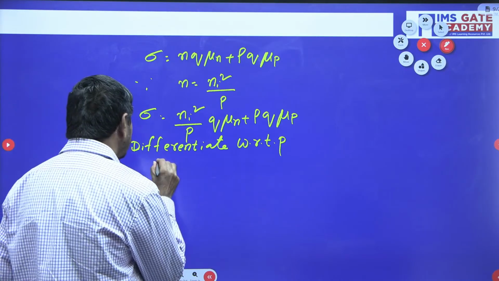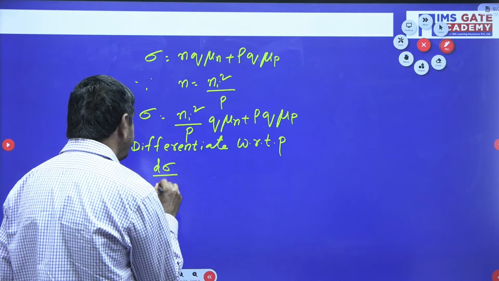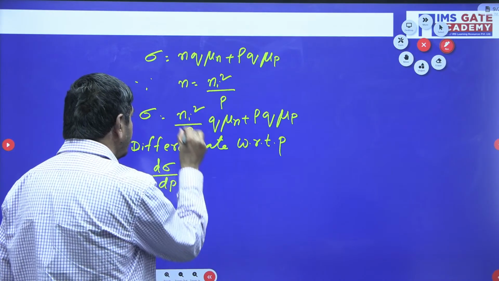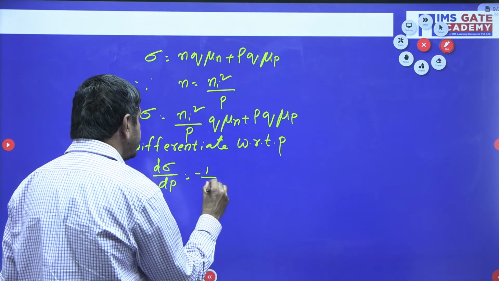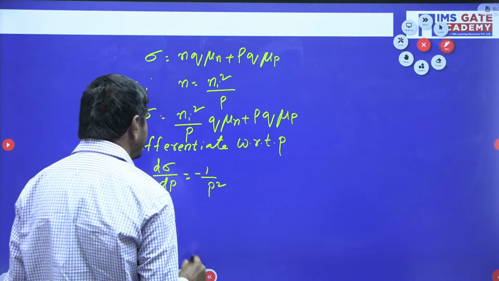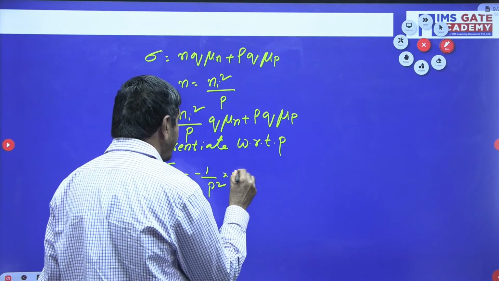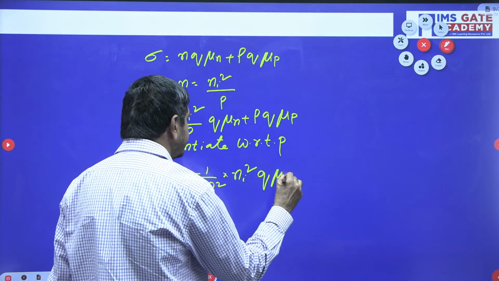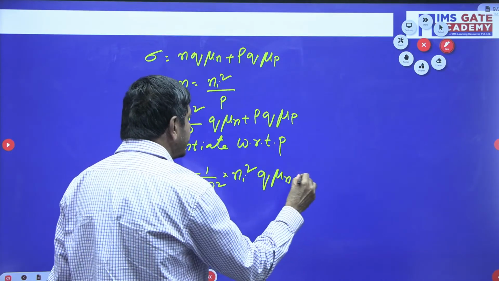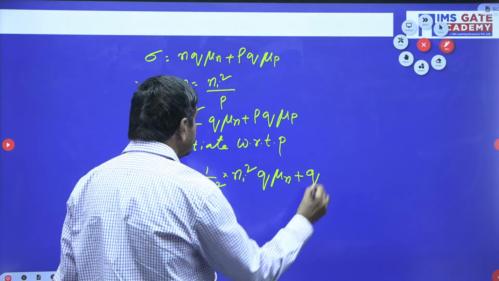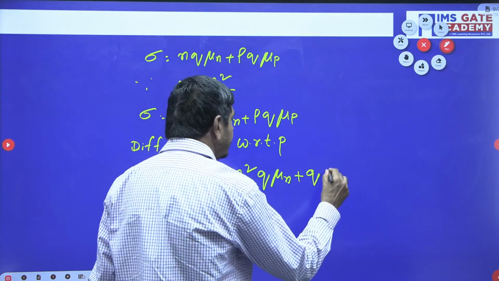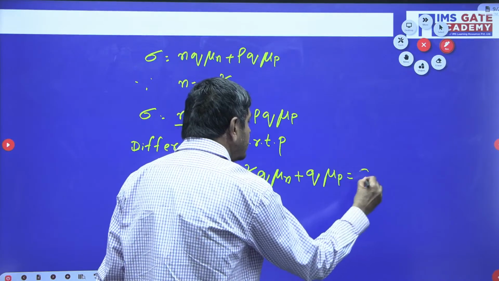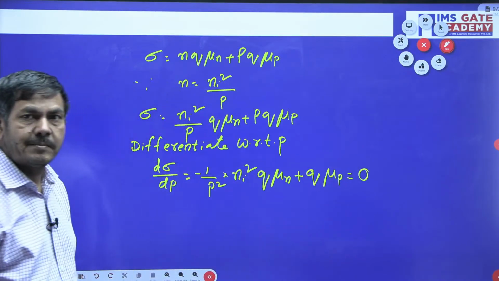So d sigma by dp equal to 1 by p differentiation minus 1 by p square into ni square into q into mu n I can get. The derivative of the p is nothing but the 1 into q into mu p I can get here now. This is equal to 0 according to maximum minimum.